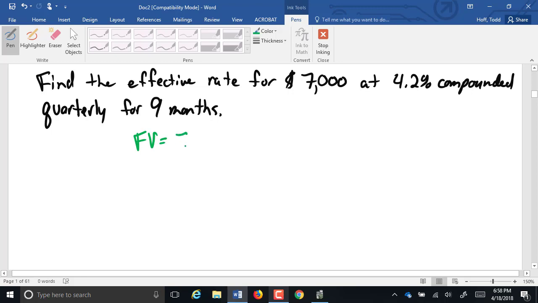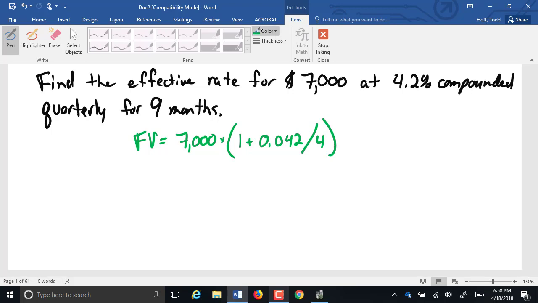It's going to be the $7,000 principal or present value times parentheses 1 plus 4.2% is 0.042 divided by 4 because it's quarterly. Now here's the tricky part. It's to the power of, 3 is what it's going to be.